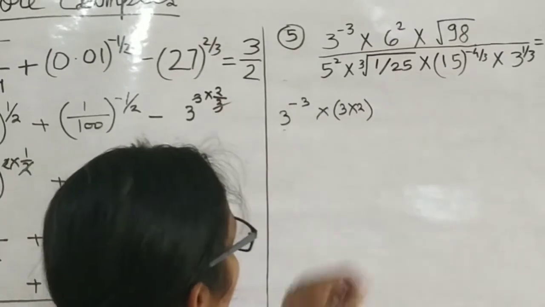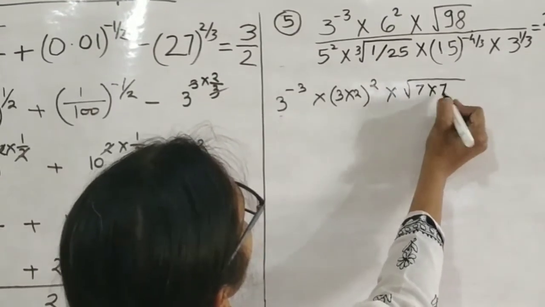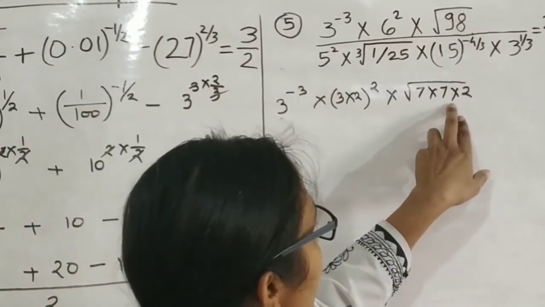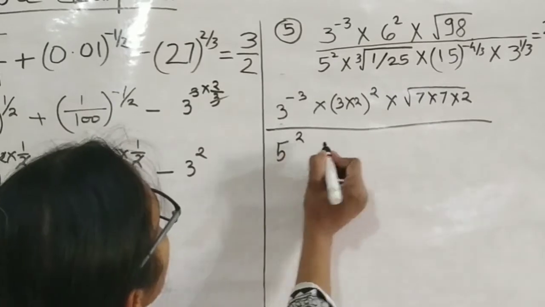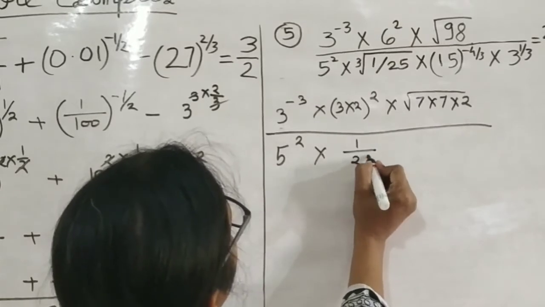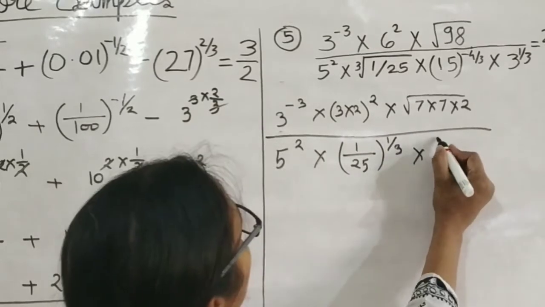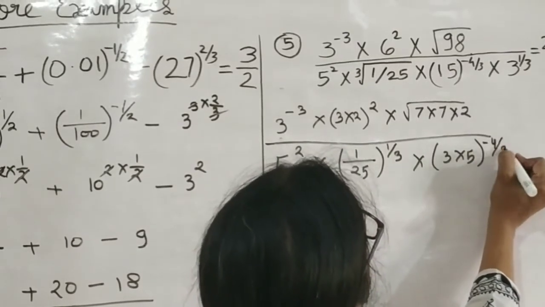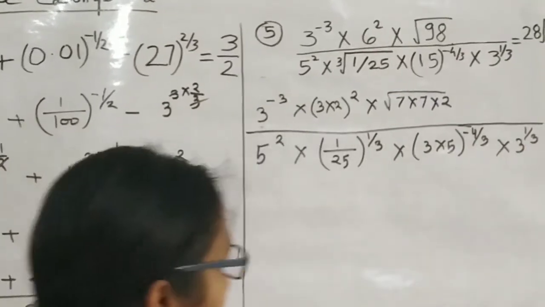We can write 6 as 3 into 2, power 2 into under root 7 into 7 into 2. 98 can be written as 7 into 7 into 2, upon 5 power 2 into 1 upon 25 power 1 by 3, into 3 upon 3 into 5 power minus 4 upon 3 into 3 power 1 upon 3.